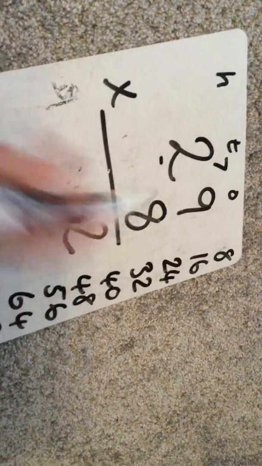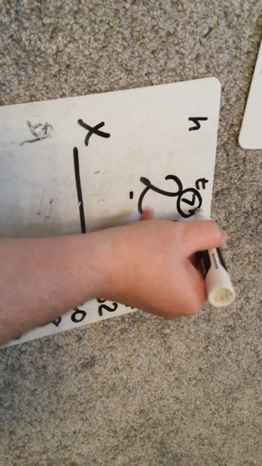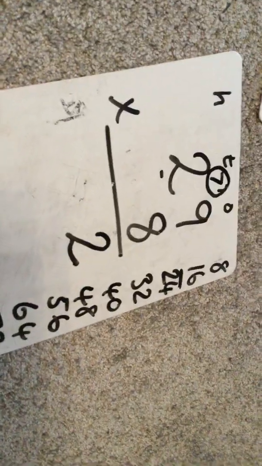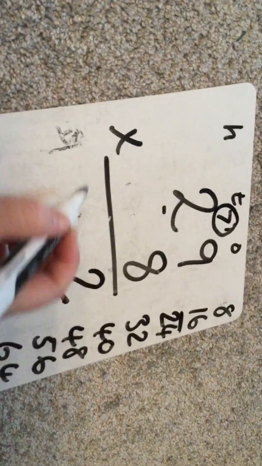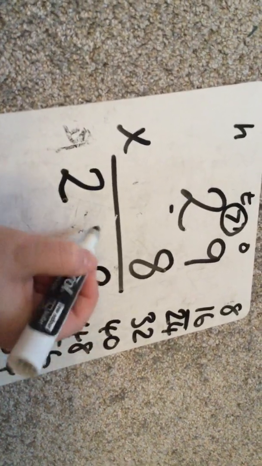Remember, this is actually 20, but 2 multiplied by 8 gives us 16. You must add the 7 on. So 16, add 7, gives us 23. The answer would be 232.